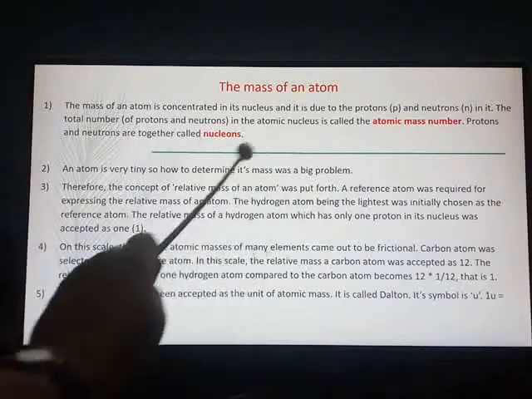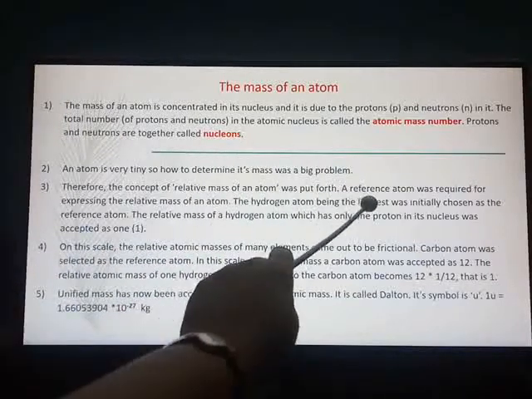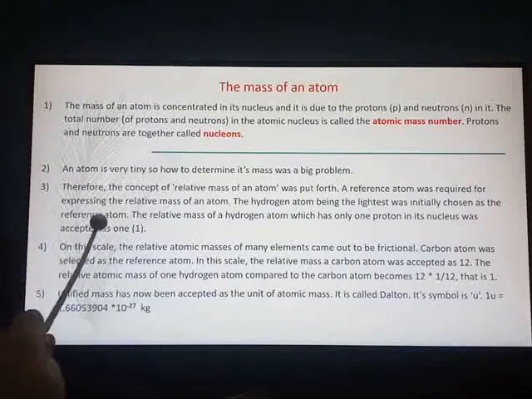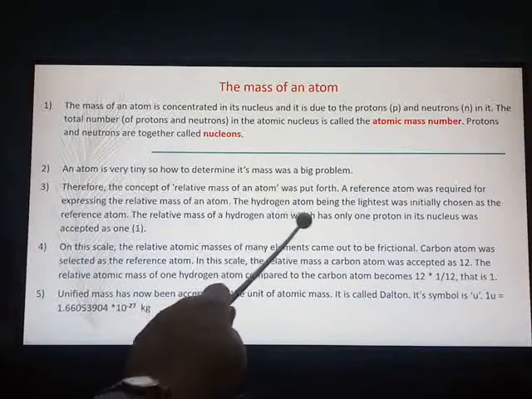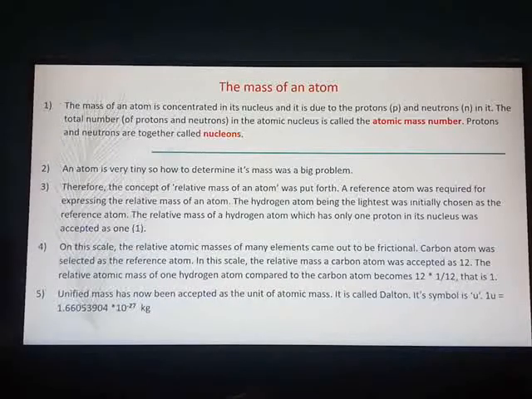Similarly, a reference atom was needed, and hydrogen atom being the lightest was initially chosen as the reference atom. The relative mass of a hydrogen atom, which has only one proton in its nucleus, was accepted as 1. Among the other elements, hydrogen was the lightest, and hence hydrogen atom was selected as the reference atom.